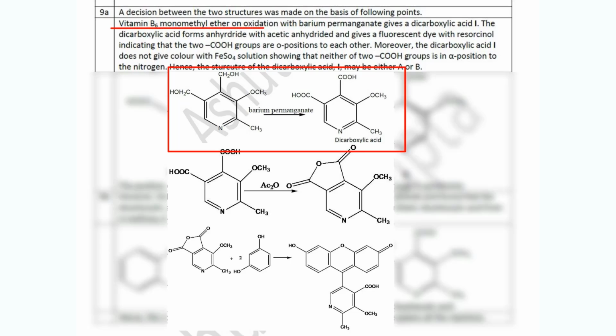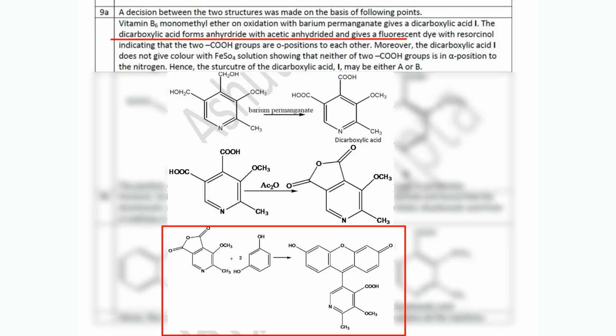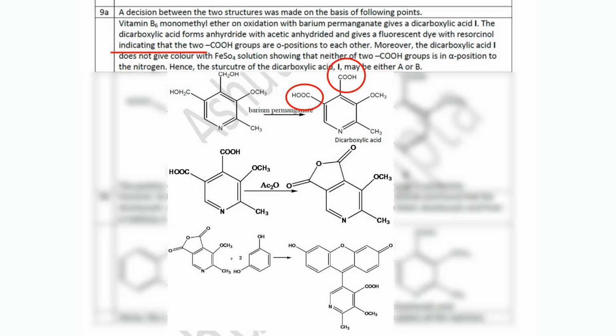Vitamin B6 monomethyl ether on oxidation with barium permanganate gives a dicarboxylic acid first. The dicarboxylic acid forms an anhydride with acetic anhydride and gives a fluorescent dye with resorcinol, indicating that the 2 COOH groups are ortho to each other.